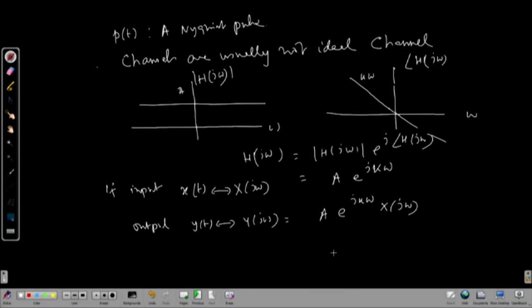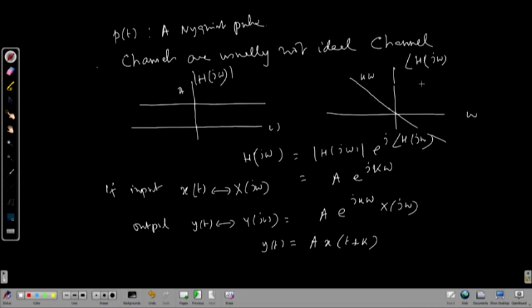So y(t) will be nothing but A times x as it is, but it will not be t, it will be t plus k, and k is a negative number, that is why I gave a downward slope. So, actually it will be a delay, which is fine.